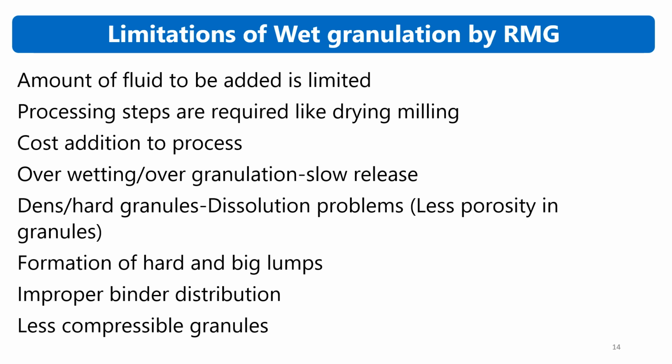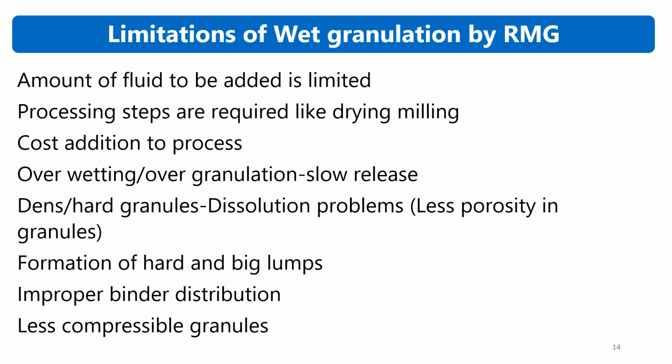Over wetting or over granulation may lead to slower release because of the dense granules. Dense and hard granules can lead to dissolution problems because dense granules have low porosity, and that's why the dissolution rate may be slower. Sometimes formation of big and hard lumps can occur, and sometimes improper binder distribution may be there, and because of all these you can get granules or blend which is less compressible.